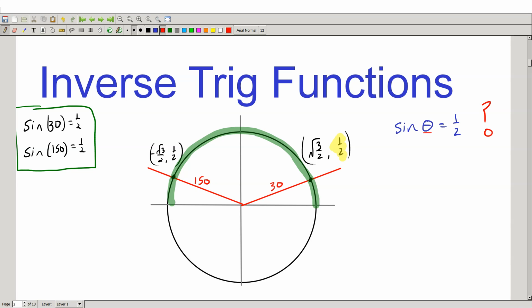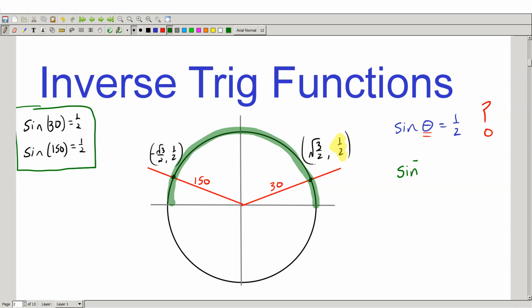This is the idea: normal trig functions take in an angle and give us an output, opposite over hypotenuse in this case, or the y value. The inverse is saying the sine of which angles are 1/2. And if there are many outputs to each input, then we can't really think of this as a function, because a function is 1-to-1. So in the next videos we're going to start talking about how we treat this like a function.